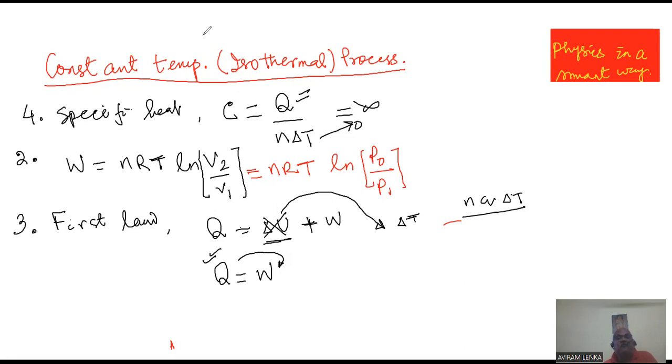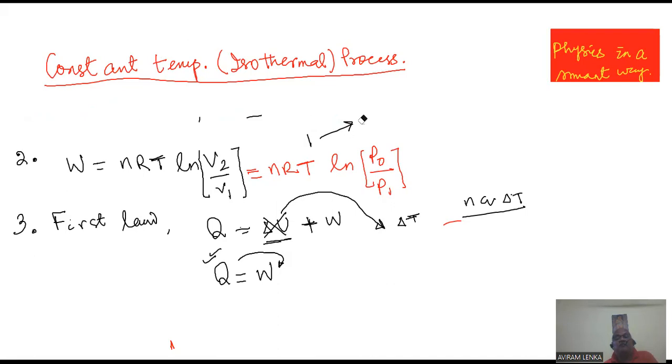Number five, let me remove all those things and clear up the space for the graphs.